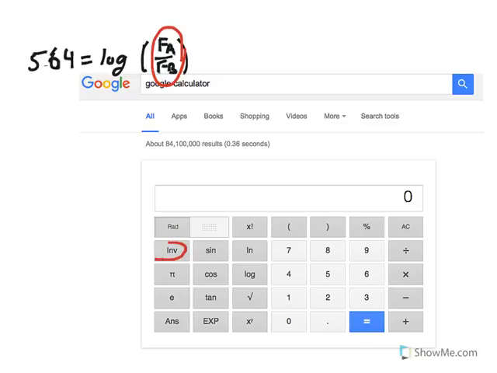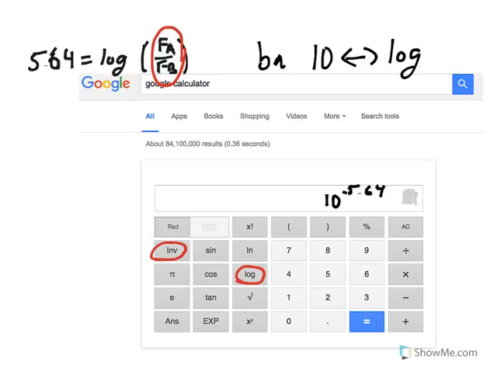First thing you're going to hit is the inverse key. The second thing you're going to hit is the log key. And you should see something like this in your window. You should see a 10 to the power of 5.64. You see a 10 because log is referring to base 10. So the next key you hit is the equal key.